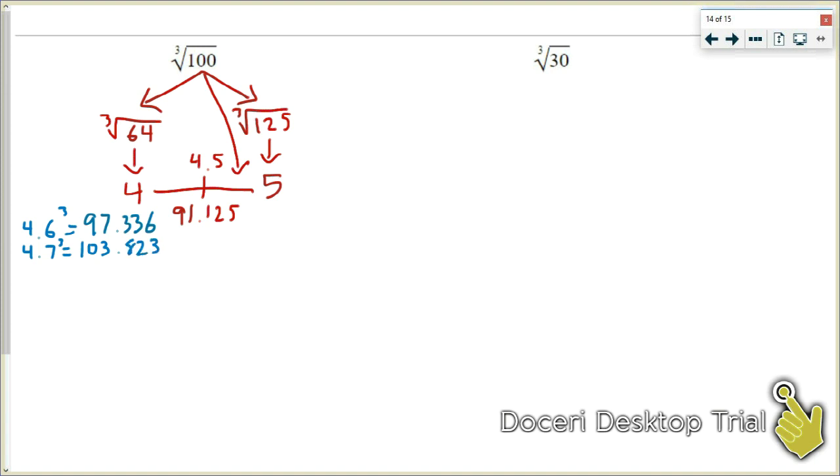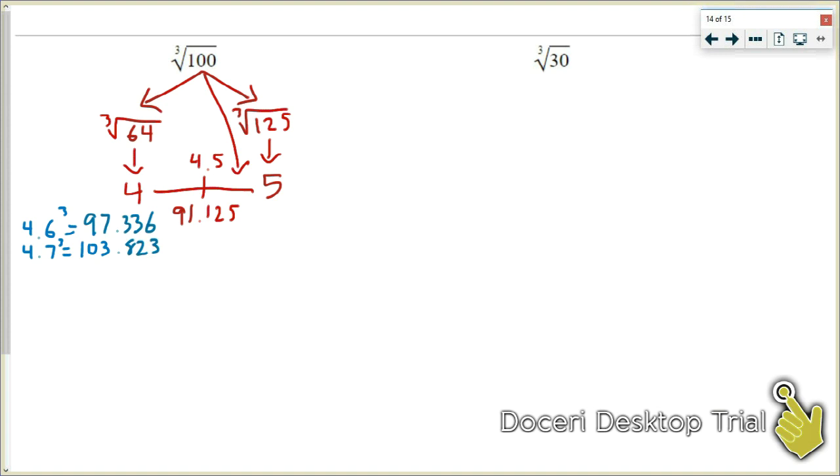Okay. So now our job is to determine which one of those is closer, because it seems like 100 is right in between. But if you think about it, 100 is actually a little bit closer to 4 6/10, because 4 6/10 gives us 97 and a little bit more. So it's a little bit closer than 3.